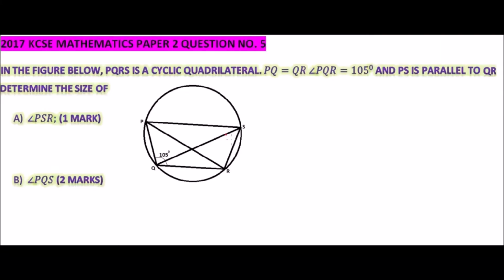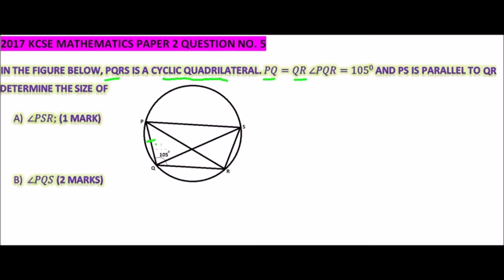So this is the KCSE revision, and we have 2017 KCSE Mathematics Paper 2 question number. In the figure below, PQRS is a cyclic quadrilateral. A cyclic quadrilateral is a four-sided figure whose vertices touch the circumference of the circle. We are told PQ is equal to QR.